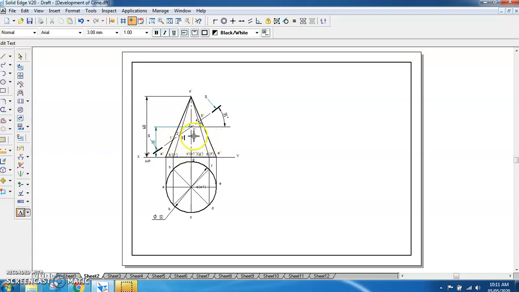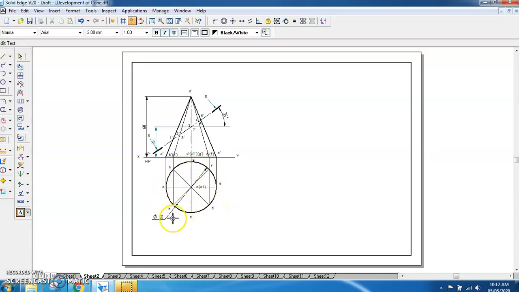So now we have to mark the development of the entire cone, and then we have to place these cutting points on that. For the cone, first we have to understand what would be the development of the overall cone. If we see the overall thing, you have to form the circle at the bottom of diameter 50, and if you open the circle, you will get an arc of length equal to the circumference of this circle.